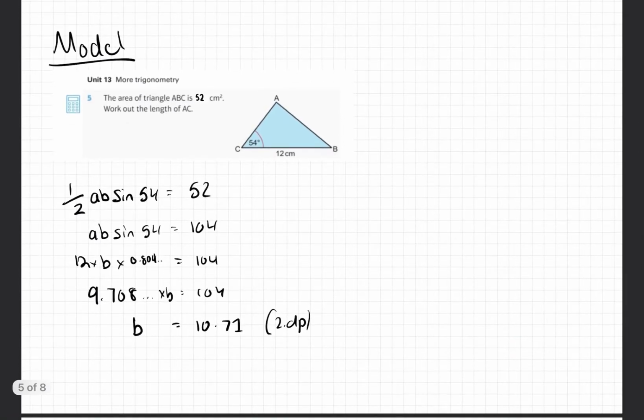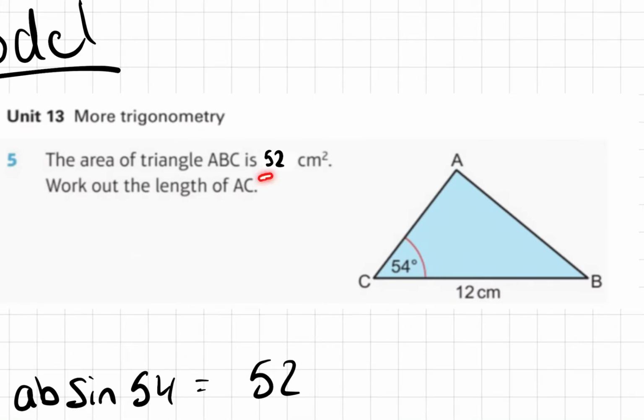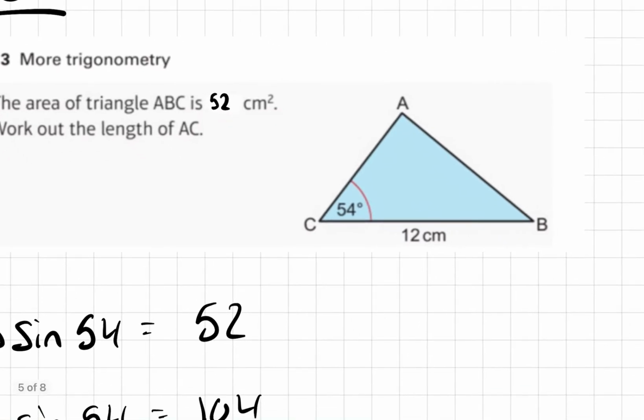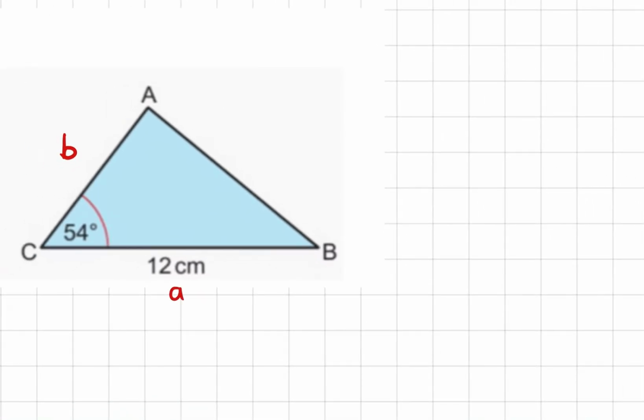Here's another model. This time we're working backwards. So the area is given as 52 centimeters squared. We need to work out this length here. Well, this length here is our B, and this is our A, because it's opposite angle A. And there we are.